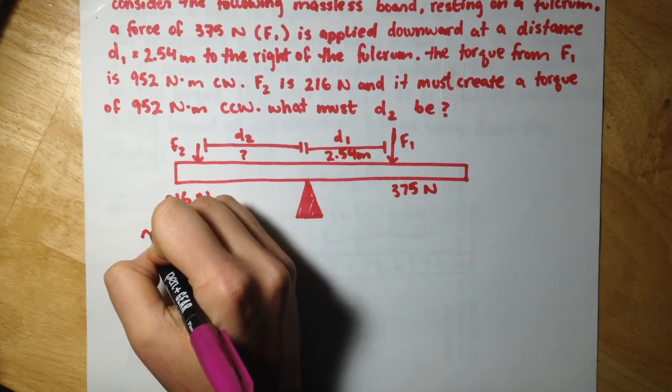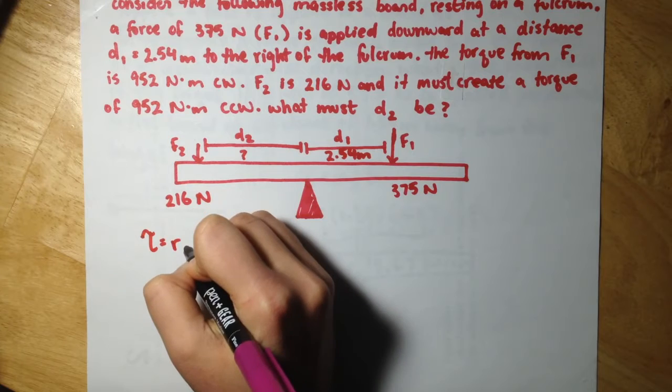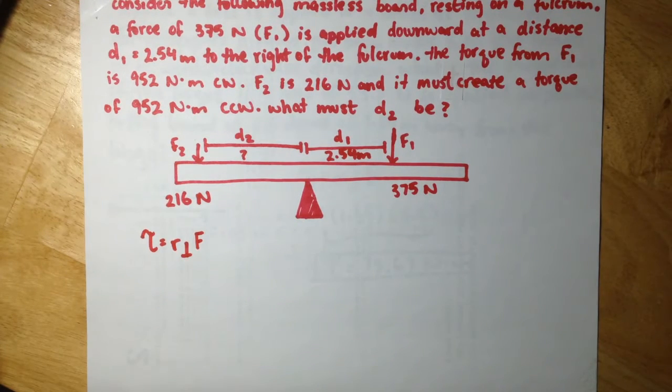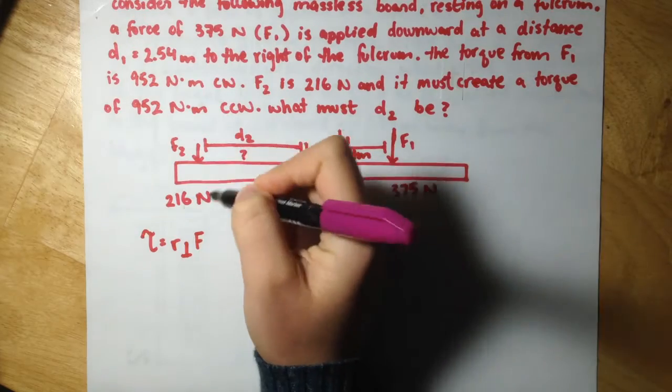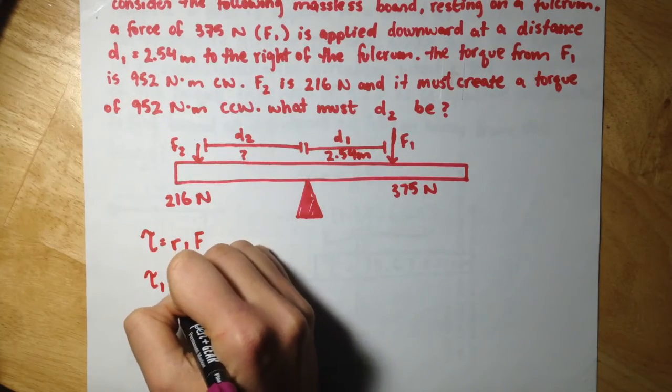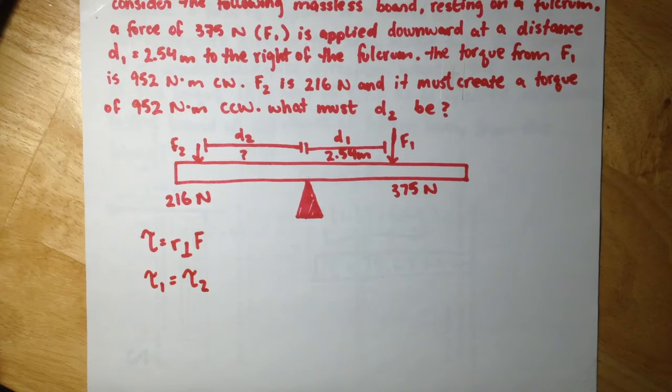So we know that torque is equal to the perpendicular distance times the applied force, and we know that the torque from force 1 must equal the torque from force 2, so torque 1 must equal torque 2, or in other words, torque 1 plus torque 2 must equal 0.